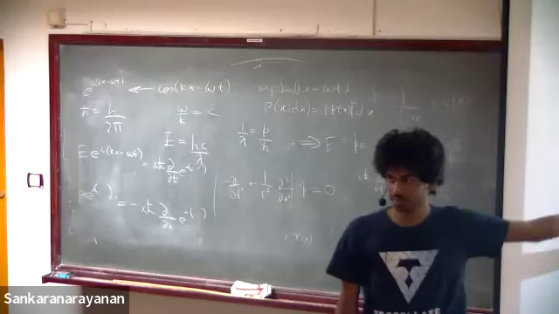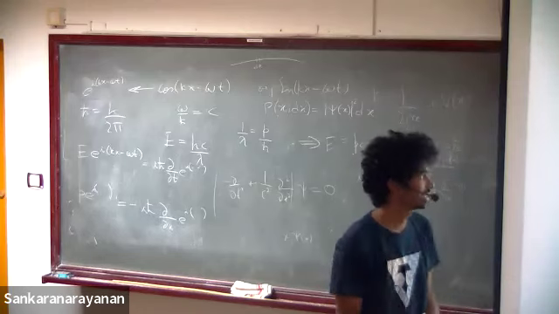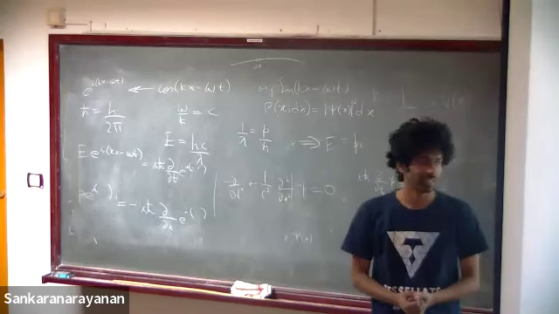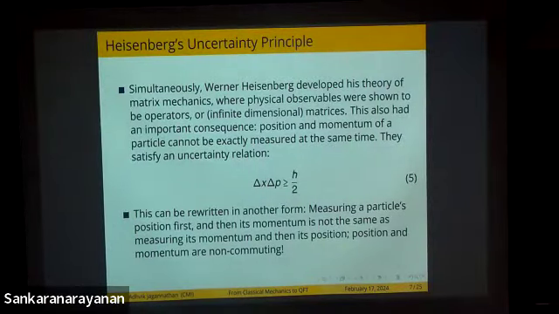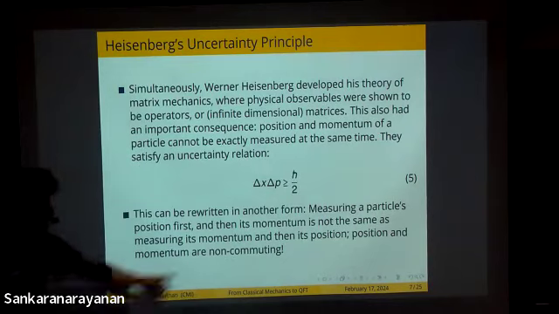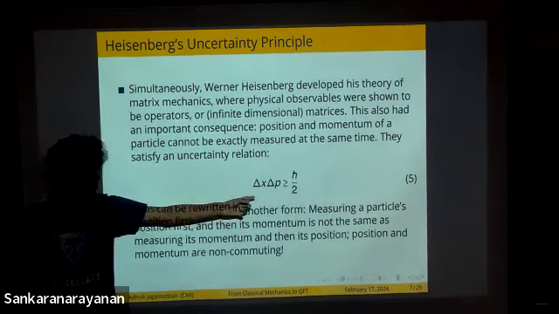So Heisenberg proved this inequality. It's called the Heisenberg uncertainty principle, and it can be reformulated in another way: you cannot measure position and momentum exactly at the same time. Delta x is the uncertainty in position, delta p in momentum.